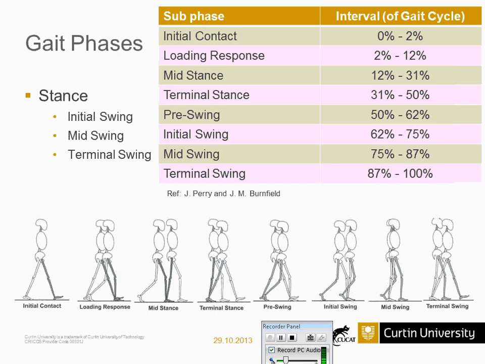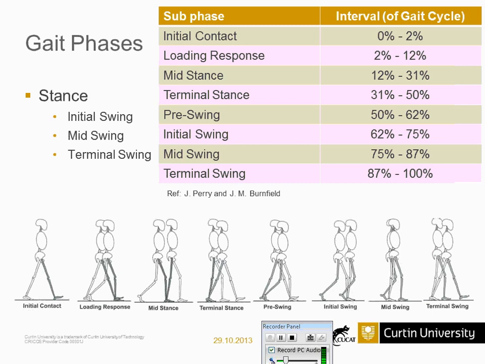It's swinging, so it's a single limb support. The other leg is supporting your body weight. The initial contact point is the beginning of the double support phase, and during the loading response, it begins to transfer the load to the reference leg.